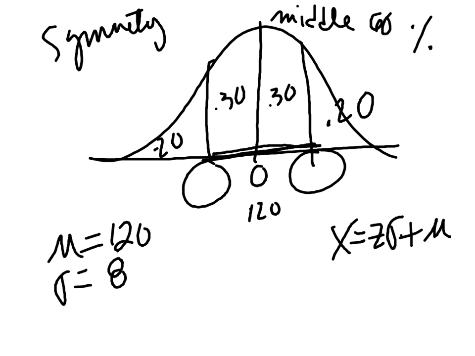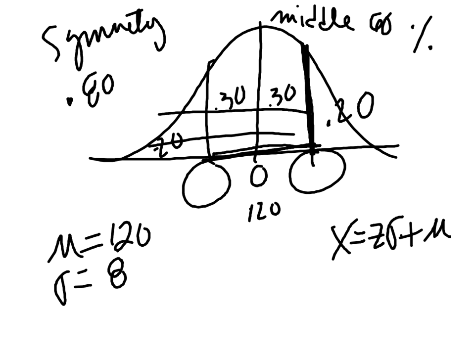Well, it's pretty clear right away that we don't have the z-values there, okay? But we can get the z-values. And in fact, it's pretty straightforward to get the z-value. If you notice, there is 0.30 and 0.30 and 0.20 or 0.80 of the area to the left of that positive z-value.